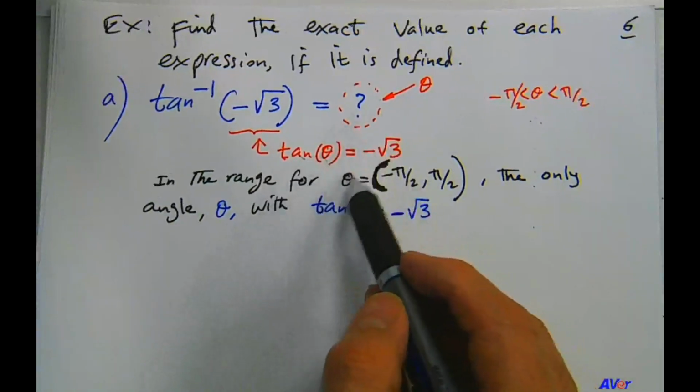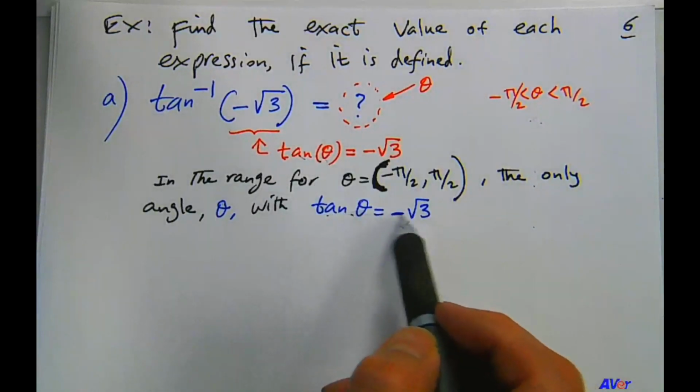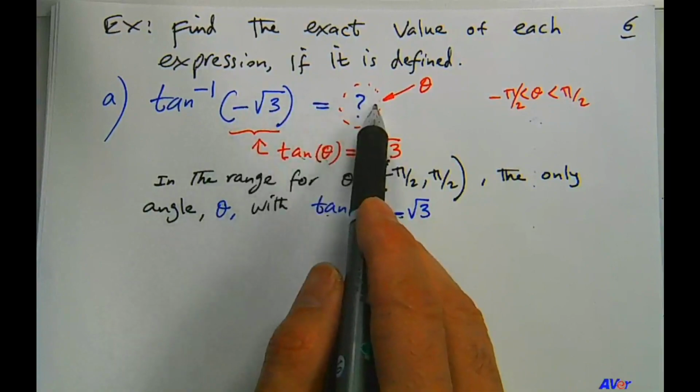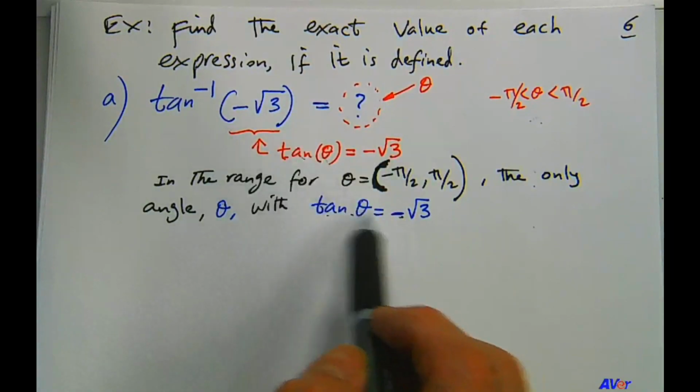That's what we're looking for. We're looking for an angle for which tangent is negative square root of 3. We're looking for the angle that this is the result of.